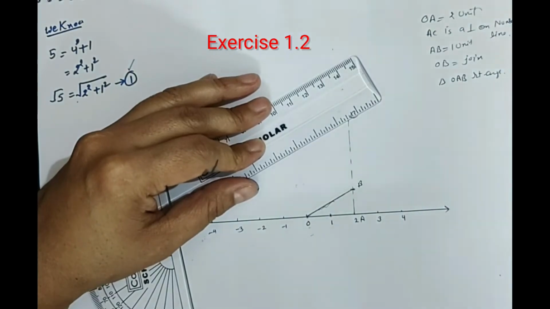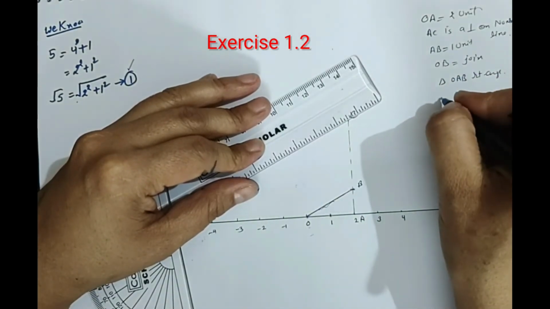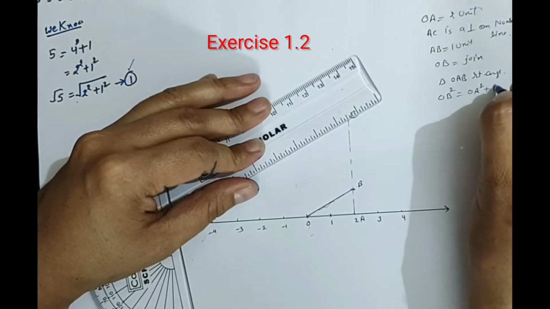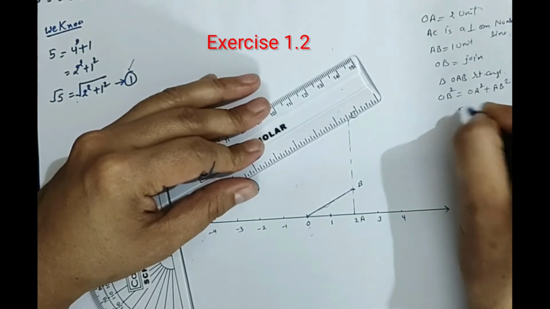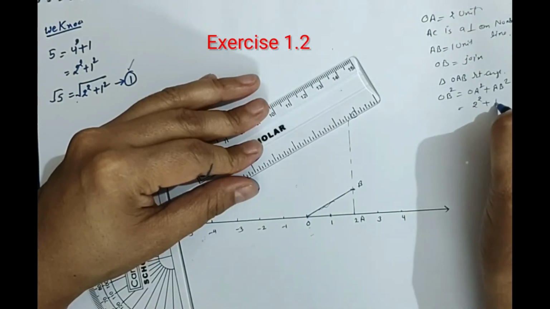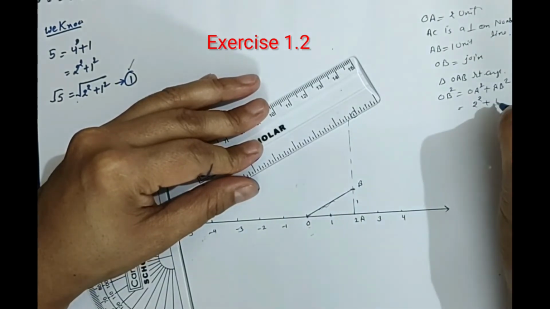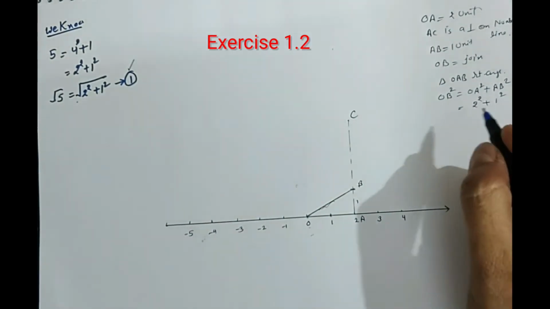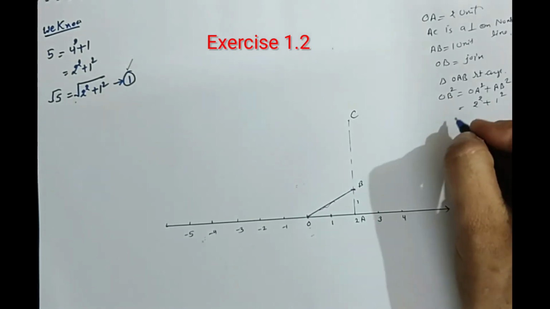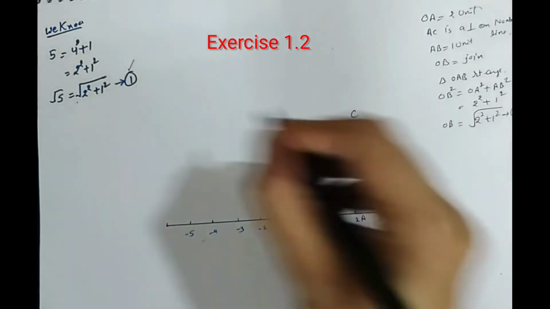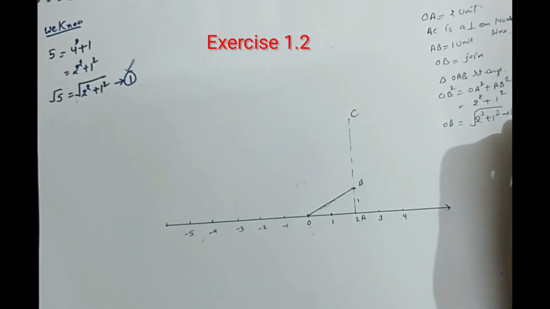So I'll apply Pythagoras theorem here. According to that theorem, OB square is equal to OA square plus AB square. OA is equal to 2 units, 2 square, plus this AB, I have taken 1 unit, 1 square. Taking square root both sides, we'll get OB is equal to square root of 2 square plus 1 square. Now compare these two equations, equation 1 and equation 2.